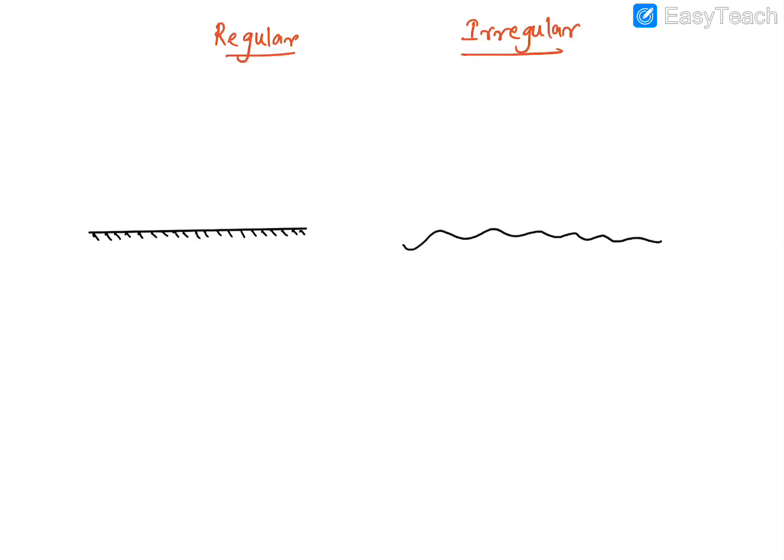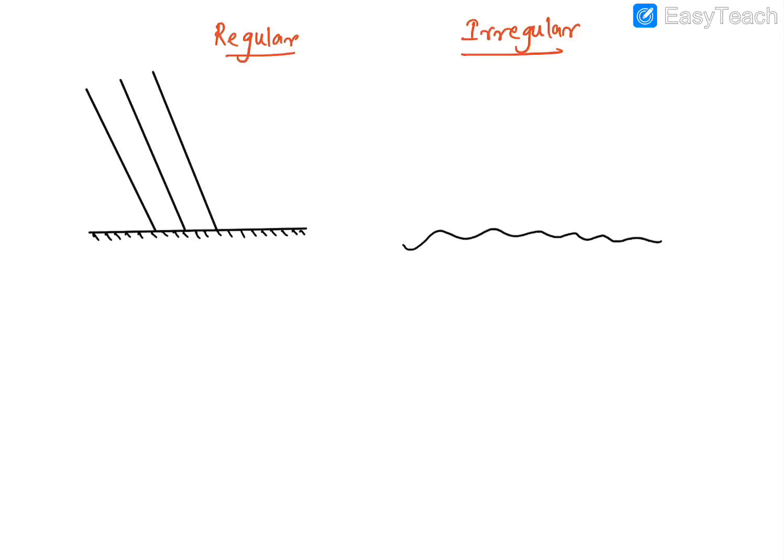Now what is the concept? In regular reflection, out here, let's say there's an incident ray 1. I'm drawing a few incident light rays. If you notice, all these light rays are parallel to each other.